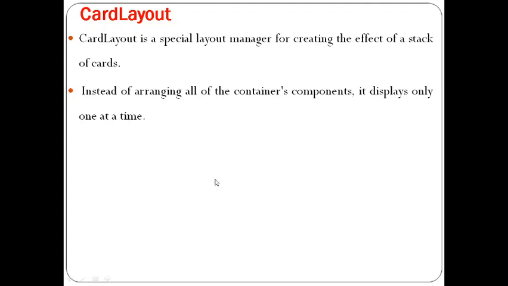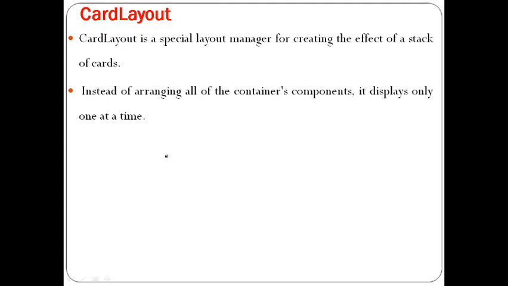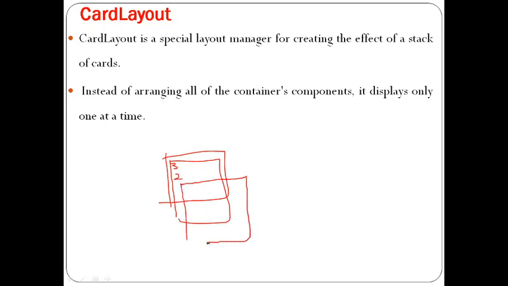So for example, see how this card layout is going to work. Suppose you have three cards. On top of card 3, we will place a new card called card 2. On top of card 2, we can place another card called card 1.